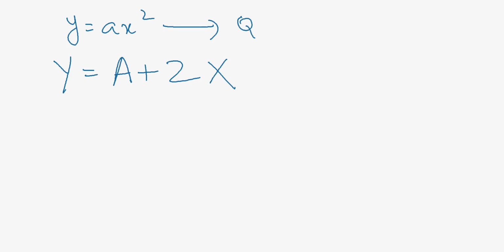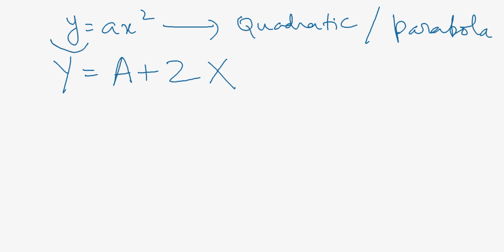This is a quadratic expression or equation, which graphically will look like a parabola. Here also we need to understand what is the meaning of y, what is the meaning of x, and what the parameter a means. It's very important, and in the graph where the a value will be, everything has to be understood very clearly.